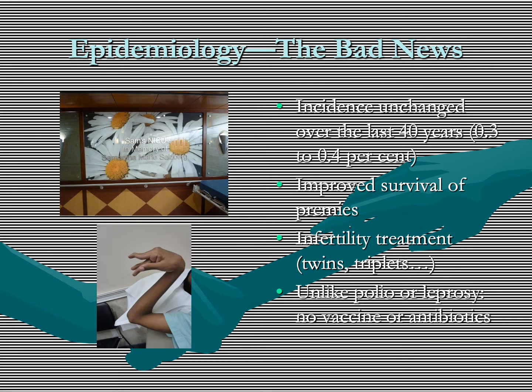And what that means is that as long as there are NICUs like this one that you see in the upper slide, there will be children with upper extremities that look like this one, and they will become adolescents and adults with limbs that look like this. So unlike the situation with polio or leprosy, two other formerly widespread paralytic diseases, there will be no vaccines or antibiotics to help us solve this problem.